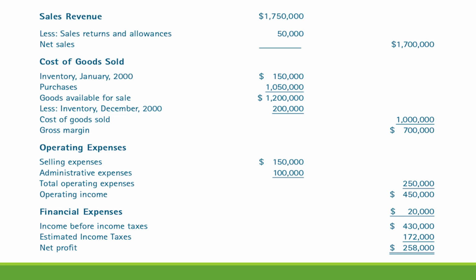So selling expenses result from activities such as displaying, selling, delivering, and installing a product or performing a service. The cost of getting the product from the store to the customer is also considered a selling expense.